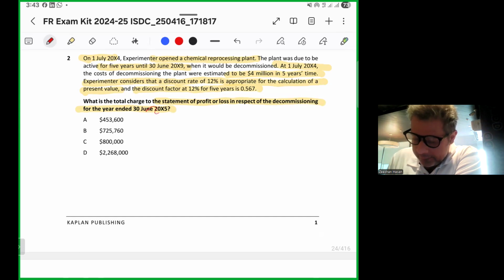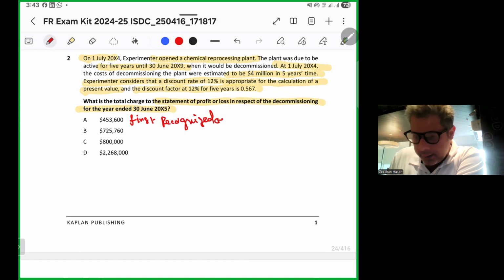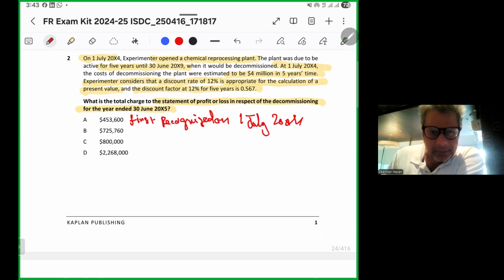It was first recognized on 1st July 20X4. So the amount to include in the cost of the asset for decommissioning cost is the present value of the expected future decommissioning cost.